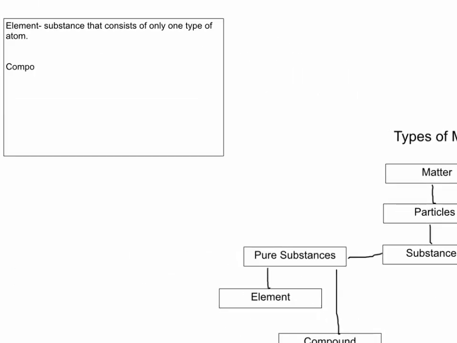So a compound is a substance whose particles contain multiple types of atoms. Each of these particles is identical to all of the other ones. So each particle is identical, but each particle contains several different types of atoms, or several different elements.